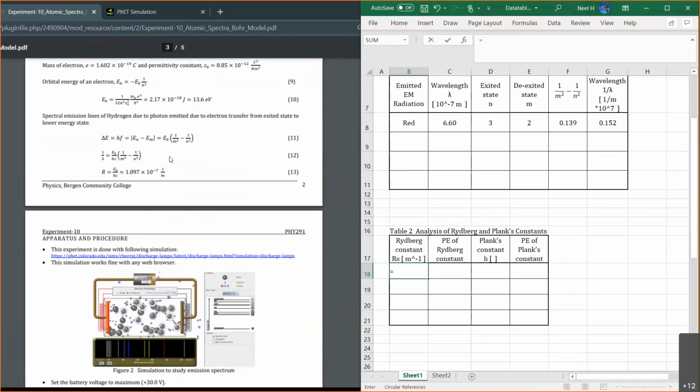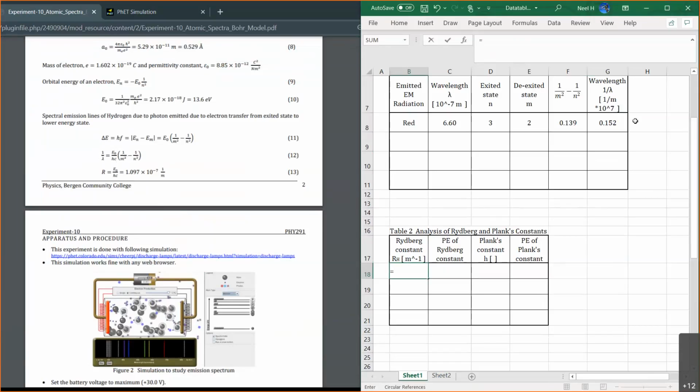So RH from this equation, if you're calculating this whole part, RH is going to be 1 over lambda times 1 over this whole part. So I can do it easily. Equal sign 1 over lambda we already calculated, and multiply by 1 over this whole part.